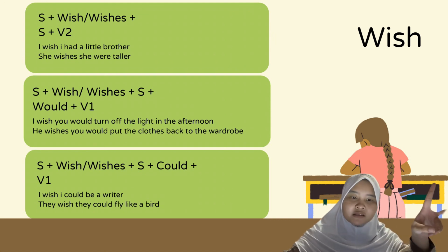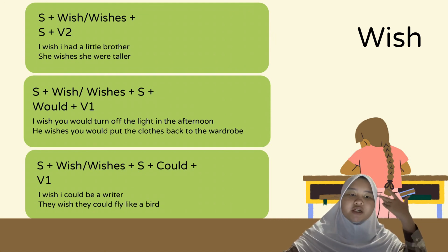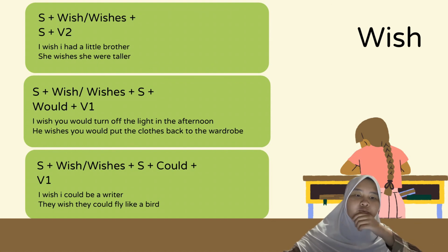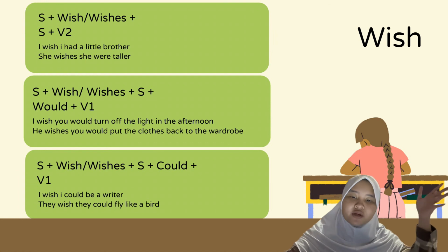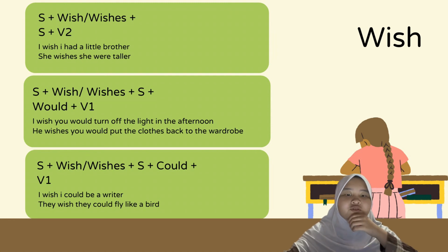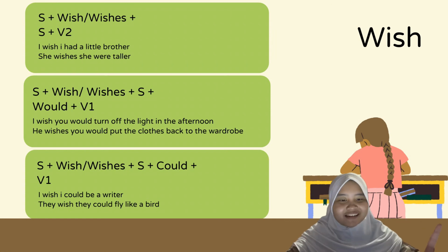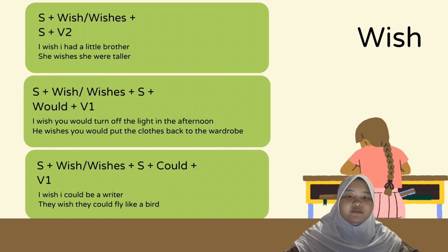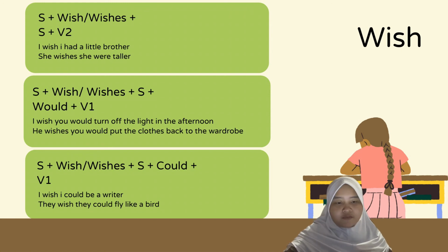Why not verb S, even though the subject is he? Would is actually pretty much the same as can and will, because if we use would with any subject, the verb always has to be verb 1, not verb S. Okay? And the clothes back to the wardrobe is the complement.